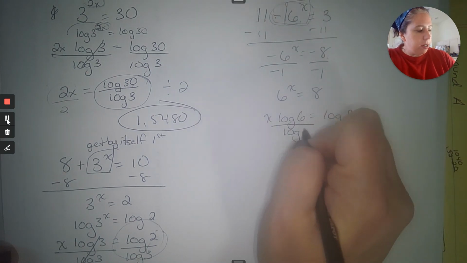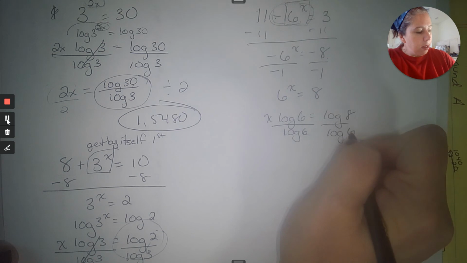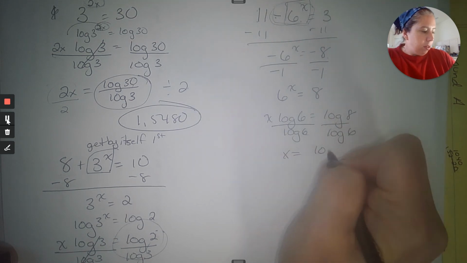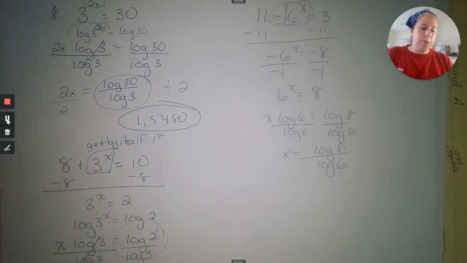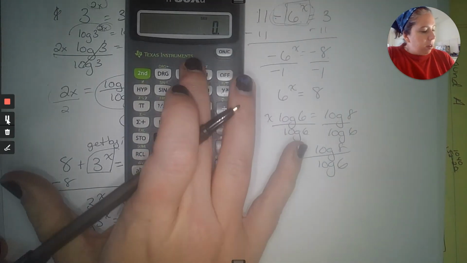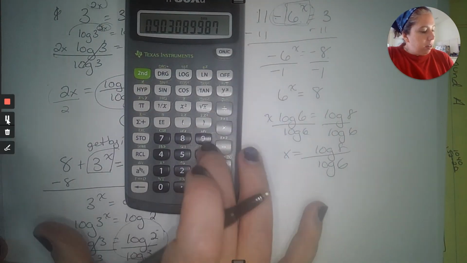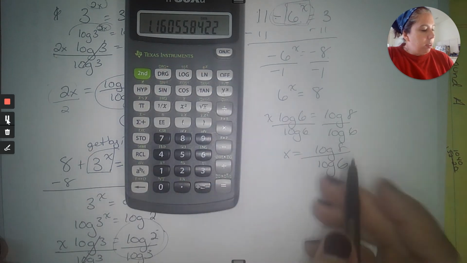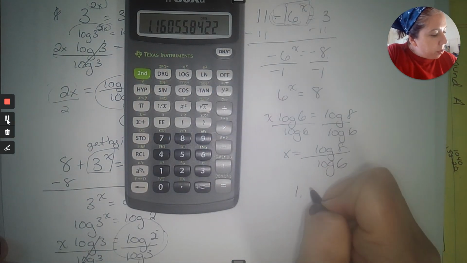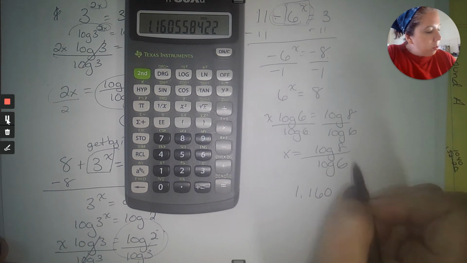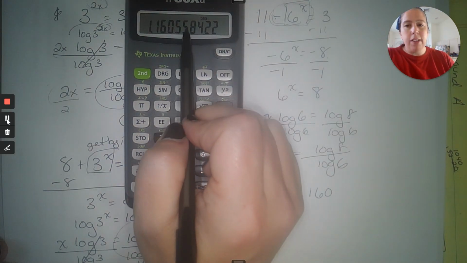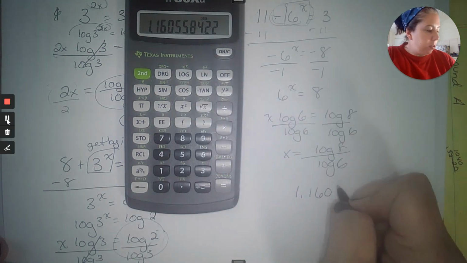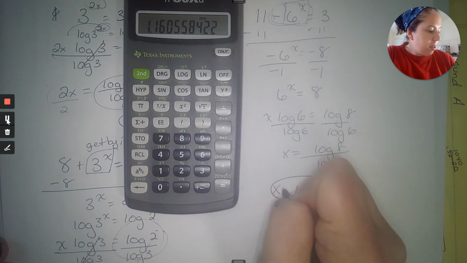Divide by log of 6. So x is whatever log of 8 divided by log of 6 is. So 8 log divided by 6 log equals 1.160. Okay, we're going to this 5. Behind that 5 is another 5, so it jumps that up. 0, 6.